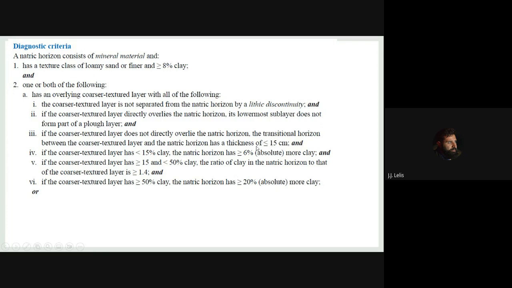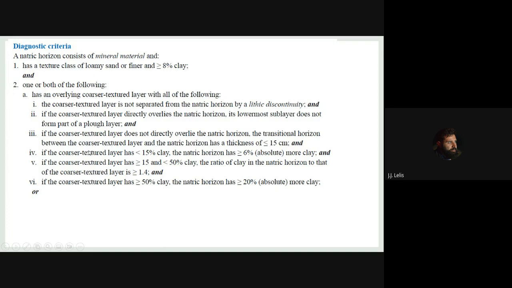So it's the same that we use for the argic horizon. If the coarser texture layer has less than 15% of clay, the nitric horizon has at least 6% more clay than this coarser texture layer. It's the same for the argic horizon.